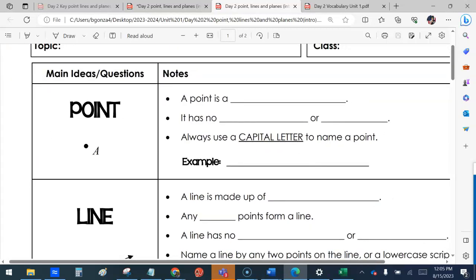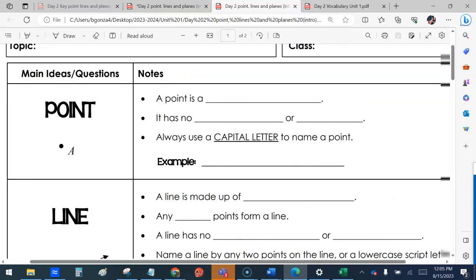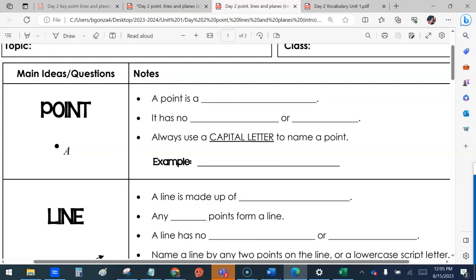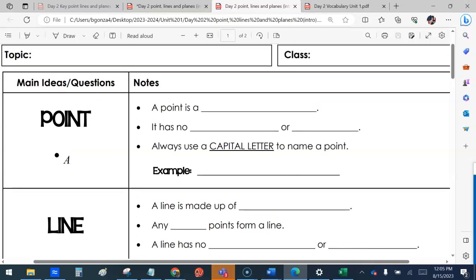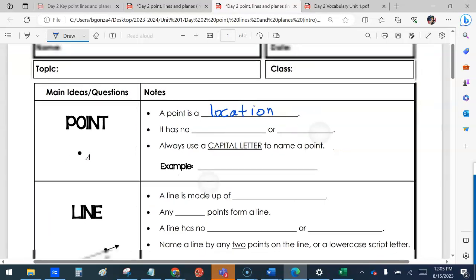We are looking at this sheet, so let's go ahead and define a point. I know we said in the warm-up a point is a dot, but really a dot represents what a point is, and a point is a location. That's the best definition. It's a location. Think about points on a map, especially if you've used Google Maps.